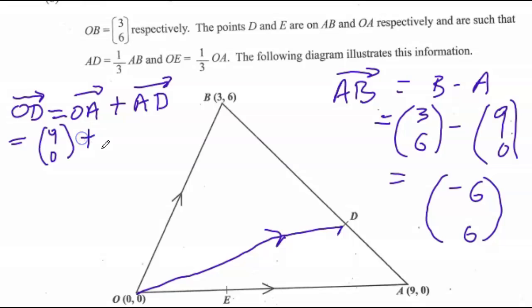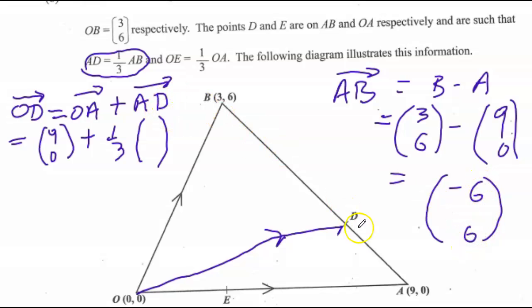Now AD, remember AD, where's AD? AD is a third of AB. So AD is 1/3 of the vector AB. Here AB, remember, is negative 6, positive 6.